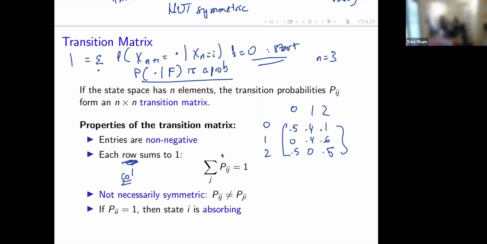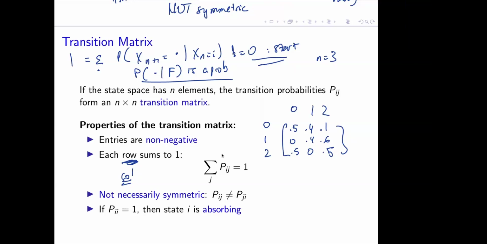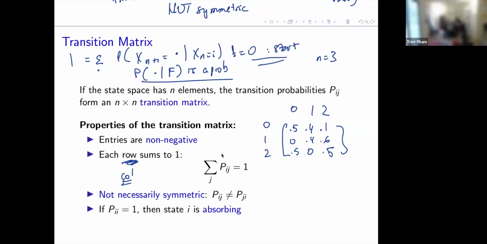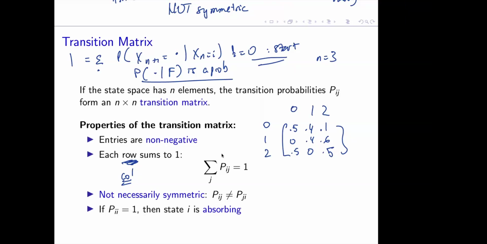Any meaning? I don't think there's any meaning, but trivially, for any jth column, the sum of all the probabilities has to be at most the number of rows. That's very trivial, because each entry is bounded by 1. But I can't think of anything more interesting.